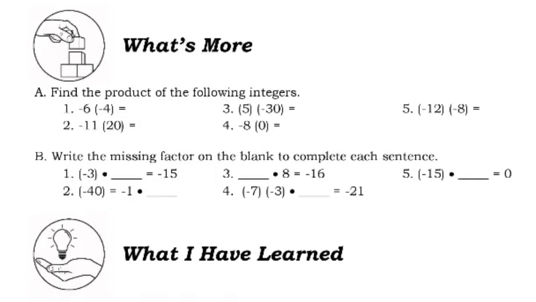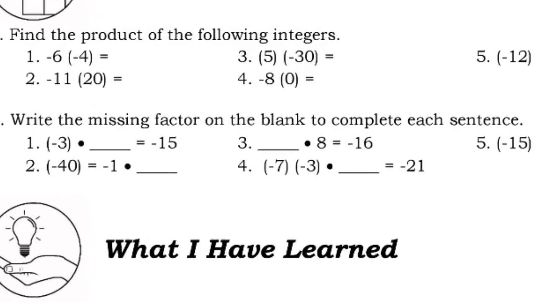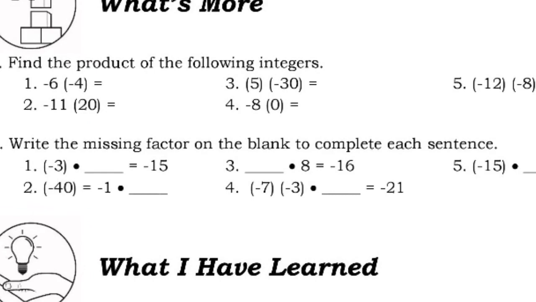So the activity here, what's more? A, find the product of the following integers. Base your answers here on what we have discussed earlier. Then letter B, write the missing factor in the blank to complete each sentence. Let's have number 1 as our example. Negative 3 times blank equals negative 15.